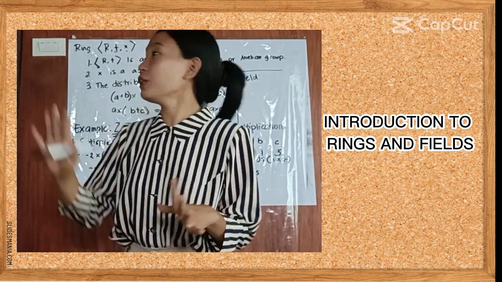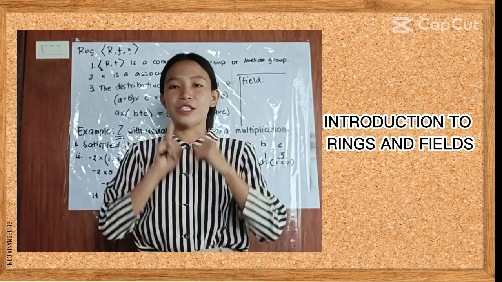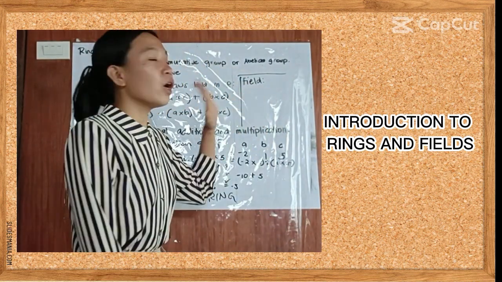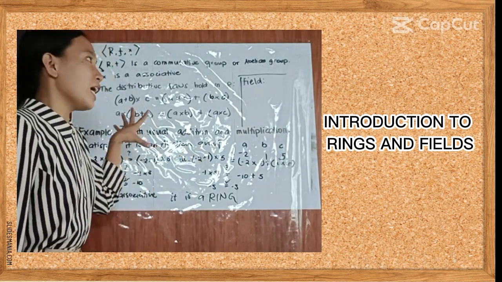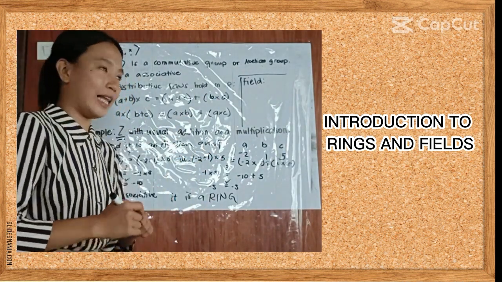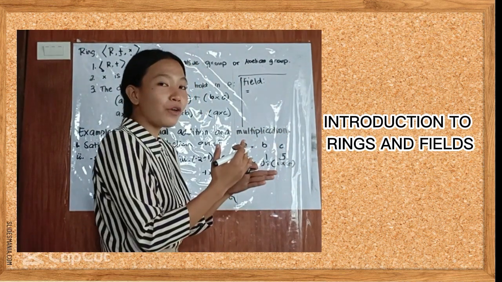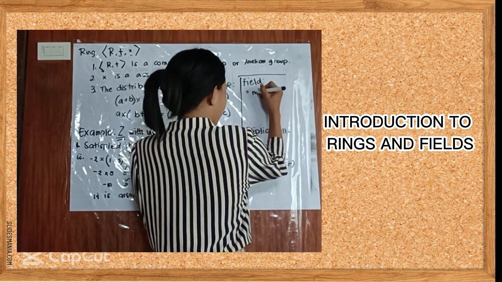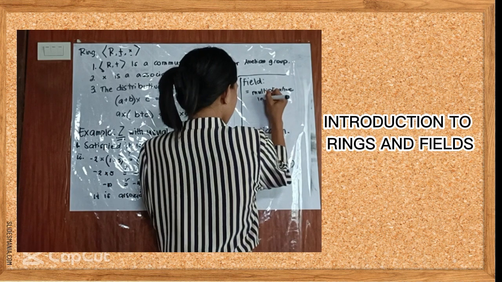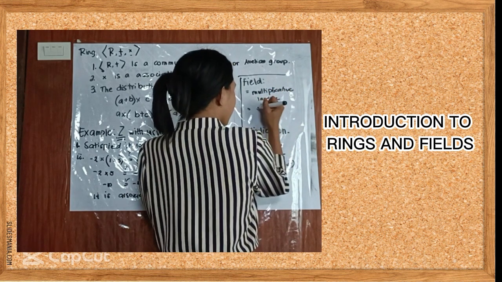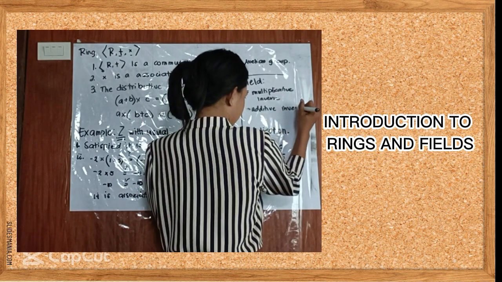Since we are done with ring, let's now proceed to field. Ring and field, they are just connected. So field also has properties that need to be satisfied. In field, we have additional properties, which is that a field should have a multiplicative inverse and additive inverse.